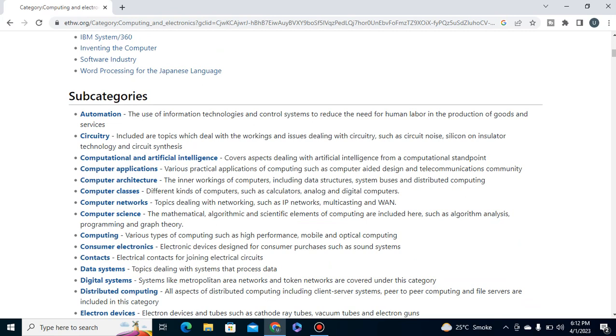Distributed computing: all aspects of distributed computing, including client server systems, peer-to-peer computing, and file servers, are included in this category.